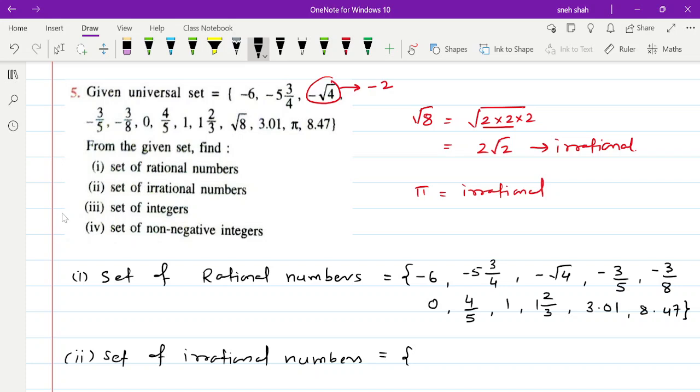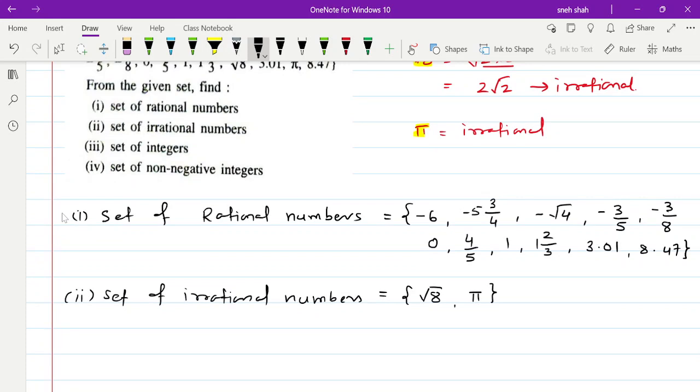So, any number which is not in the set of rational numbers will come into irrational numbers. As we have seen in the previous question, almost all the numbers are rational except for two numbers, which are √8 and pi. So for the set of irrational numbers, we will have only two such numbers, √8, comma pi.